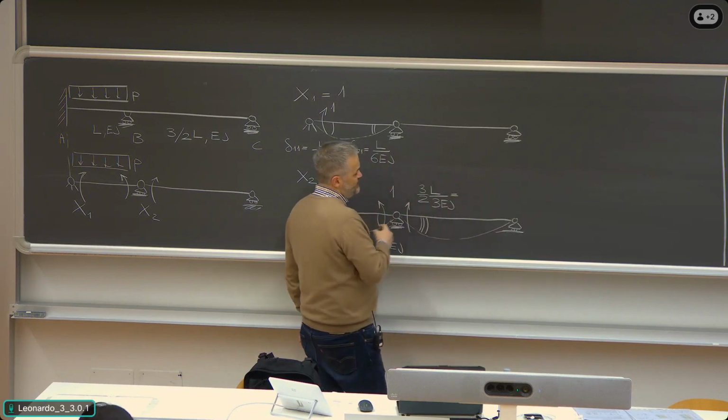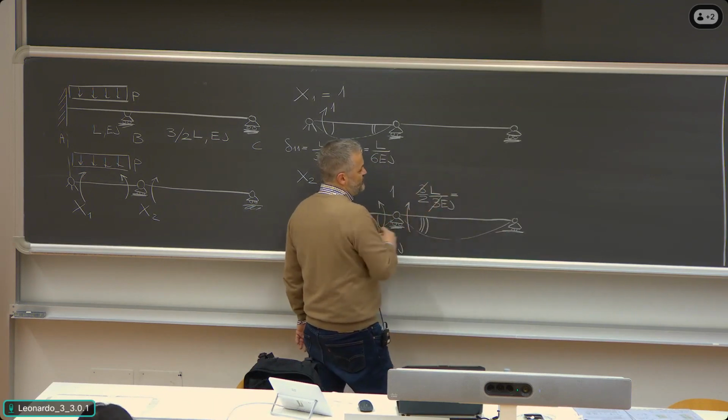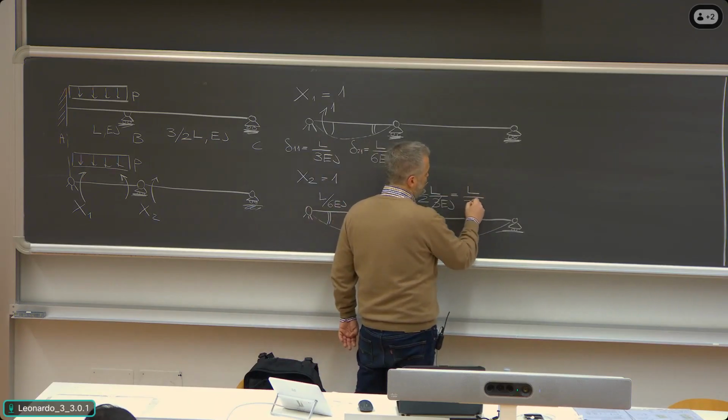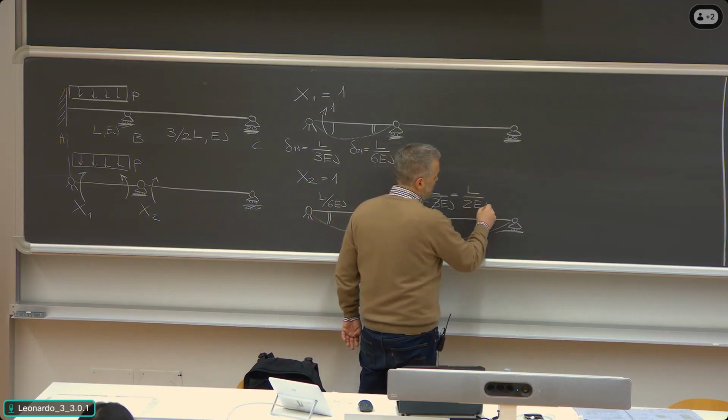This means 3 cancels out with 3, and the coefficient is L divided by 2EJ.